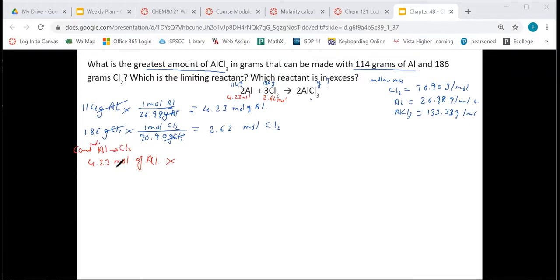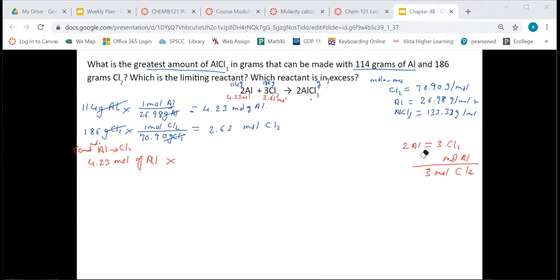To convert, what do I need to do? To find the ratio. Yeah, the ratio, right? So we have 2 aluminum is equal to 3 chlorine. So 2 mole aluminum over 3 mole chlorine. So we can use it either way, whichever we need.